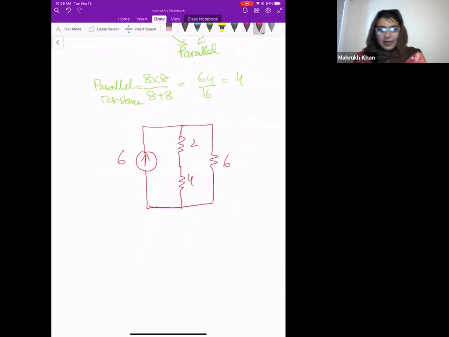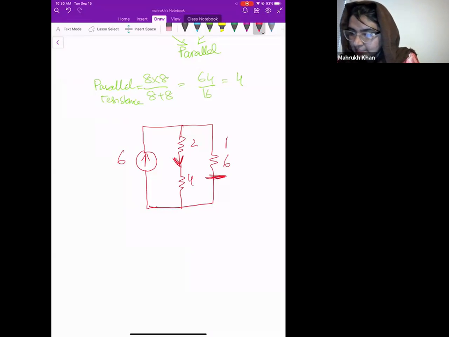So now you can apply KCL in it, but I think you know from the current division that, like in voltage division, you say the voltage across that resistor. So if I have to find the current in this branch, I will use the resistors of this branch.